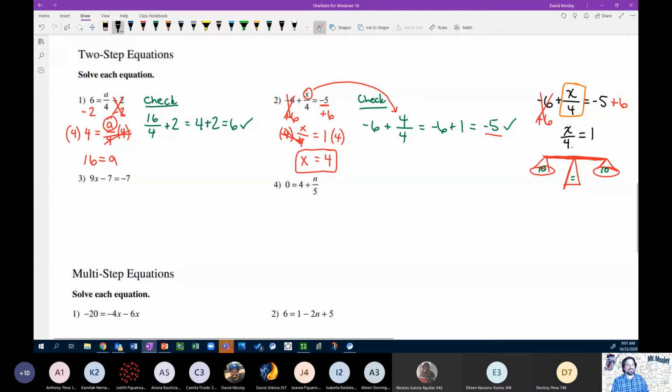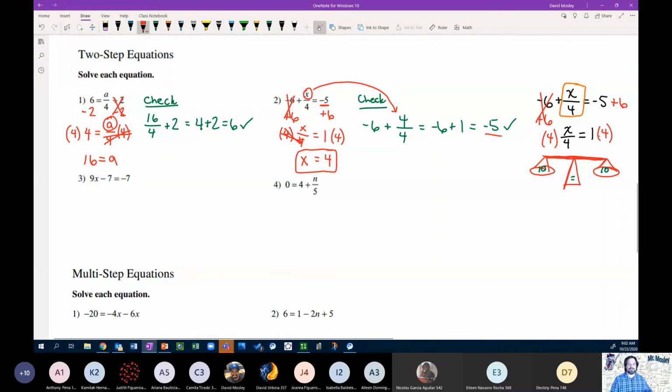And then I'm at the next step of my process, which says I can multiply or divide to essentially get rid of whatever is going on with the variable. In this case, x is being divided by 4. So to reverse that and get rid of the division by 4, I multiply by 4, because those are opposite operations from each other. Since I do it to one side, I do it to the other side.